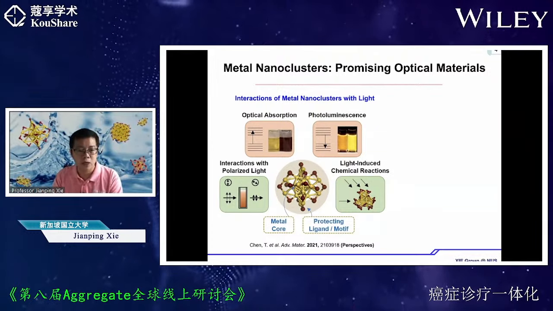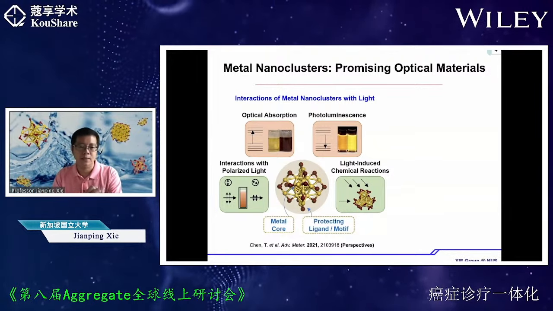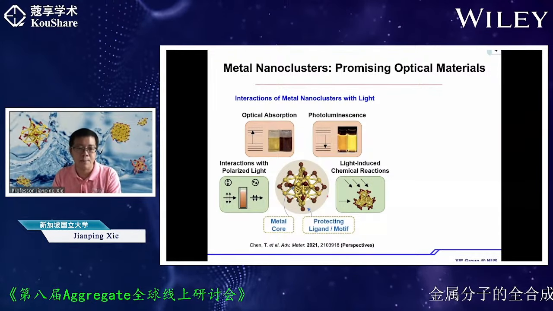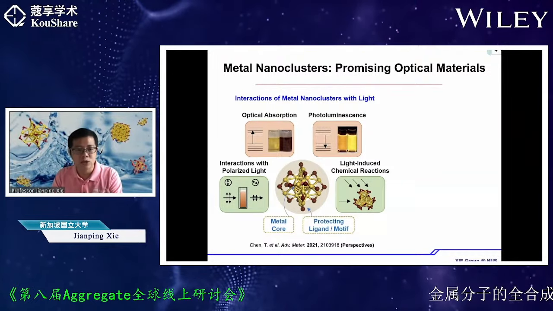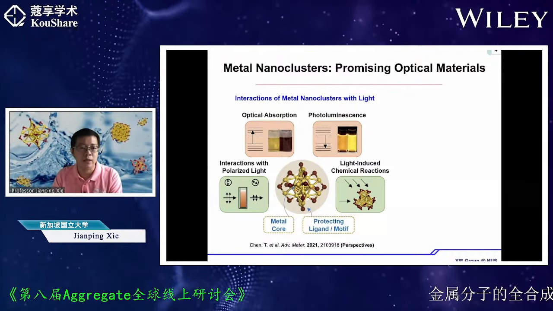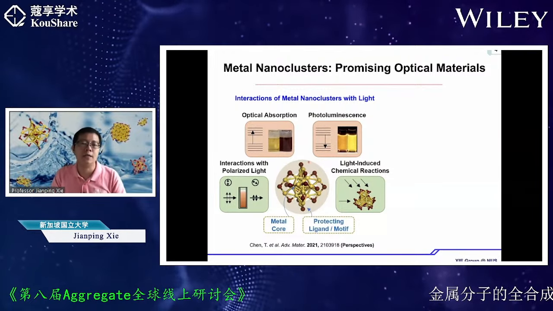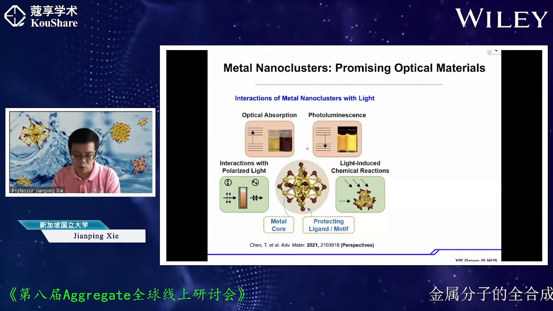Because for these particular molecules, we can control the core, which is a metal. It can be gold, it can be silver, and the shell, right? They are protected by organic molecules. So we can control the core and shell of these molecules, and then control the interaction of this metal nanocluster with light, giving unique optical absorption and photoluminescence.